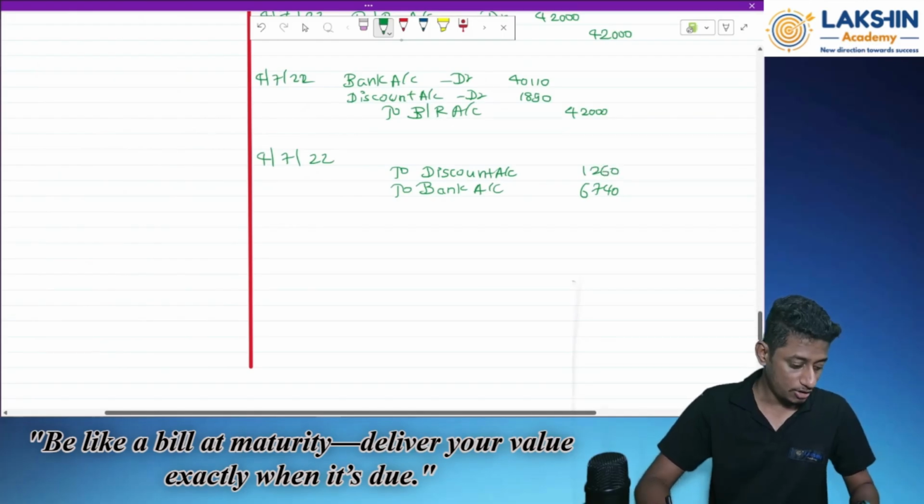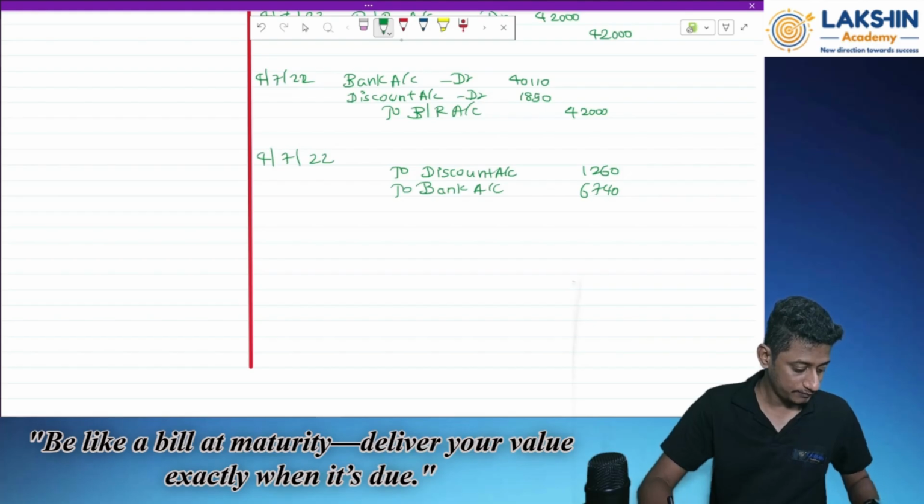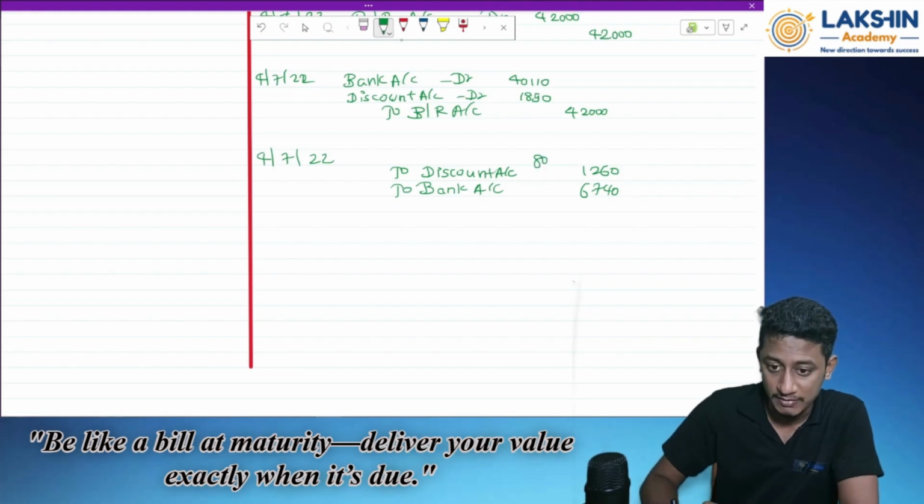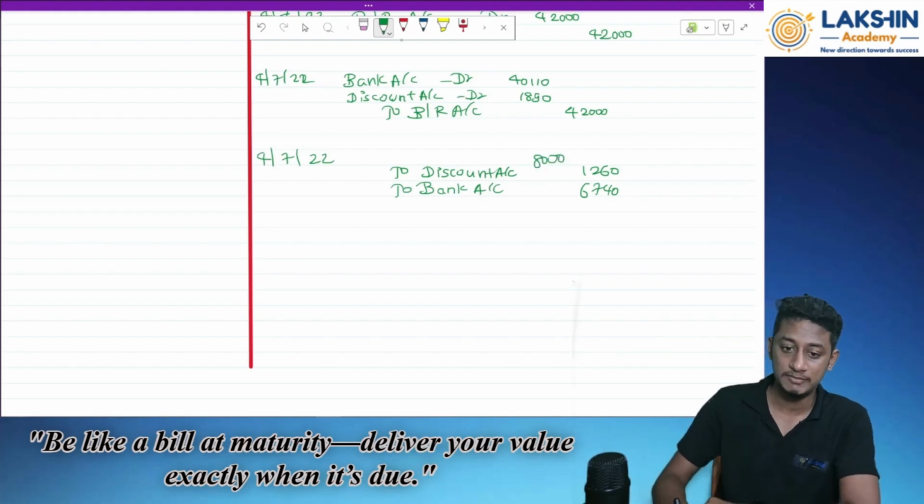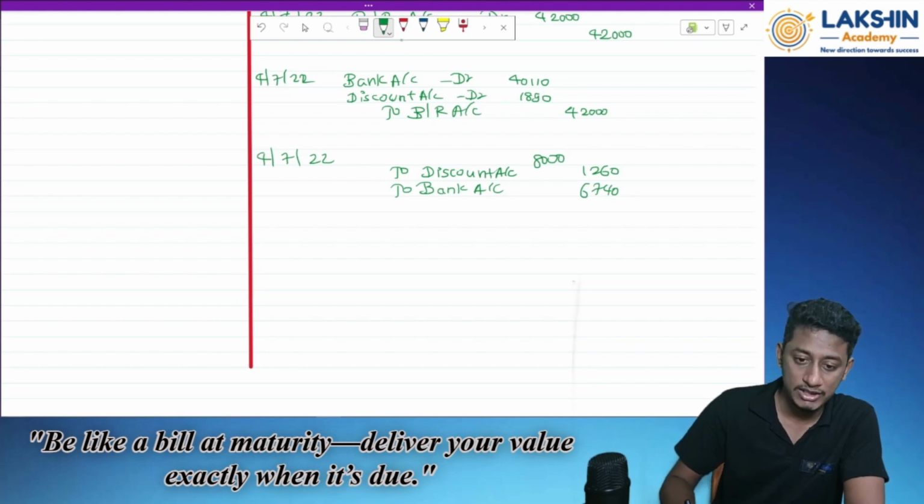So tell the total amount, 1,260 plus 6,740. That will be rupees 8,000. So that means out of 42,000, 8,000 has been remitted to whom? To Mr. X. So that will be X's account debited.